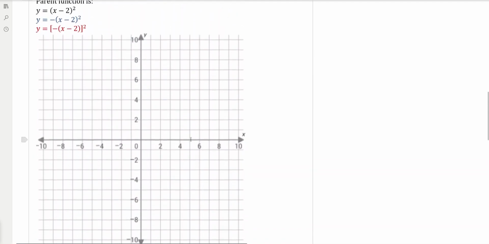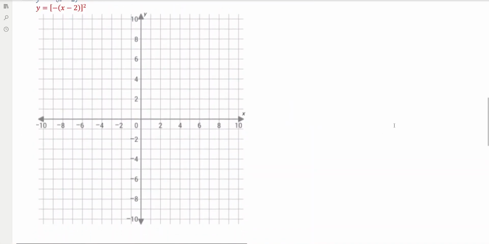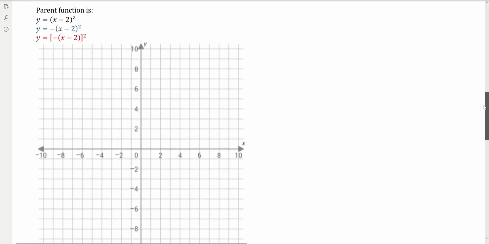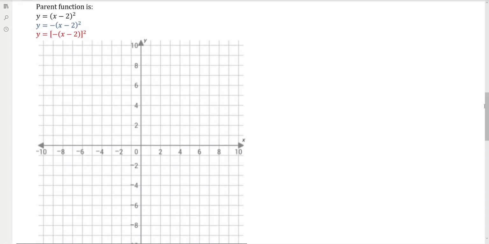Okay, well, let's do another example, because that one may have been a little bit confusing because they look too similar. Let's look at ones that are maybe a little bit more different. So here we have a parent function y equals (x minus 2) squared, so it's going to move to the right by 2.